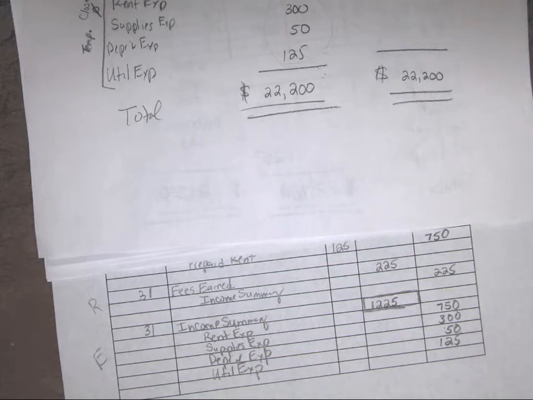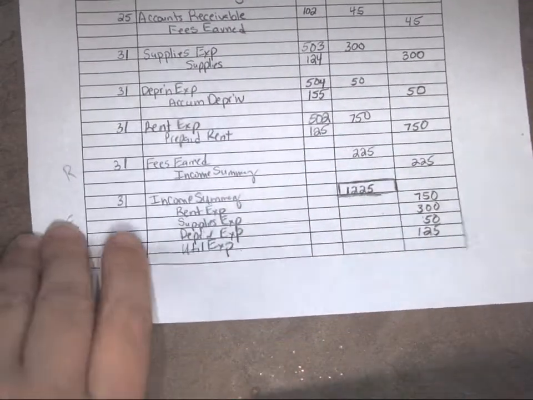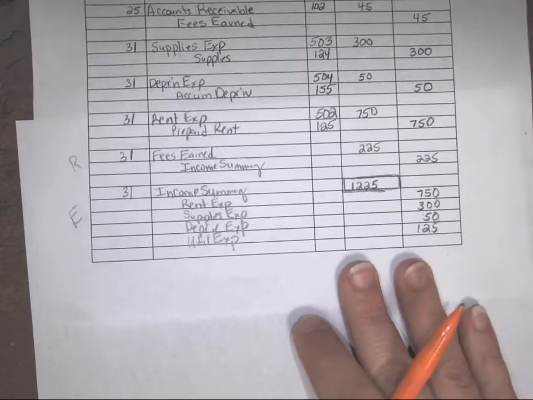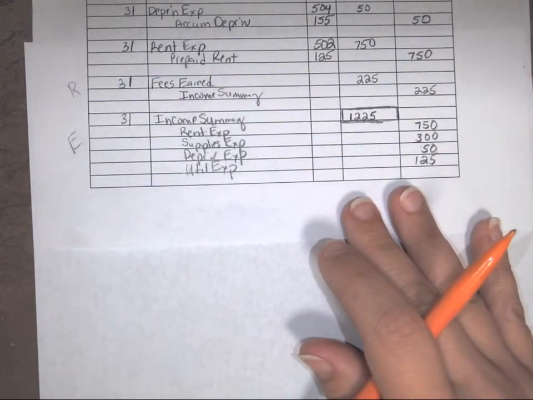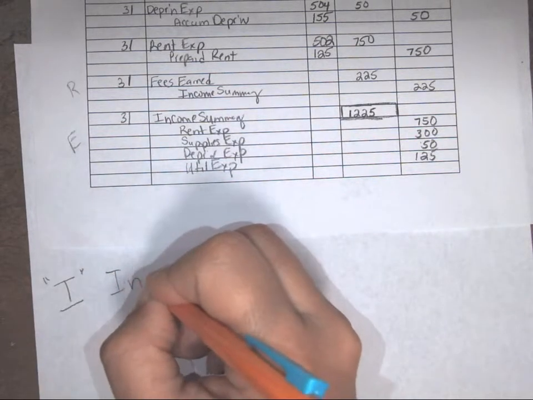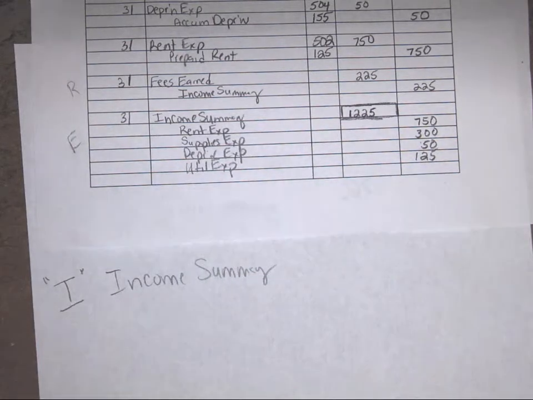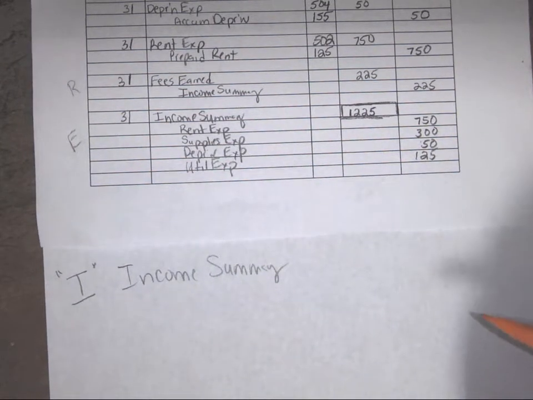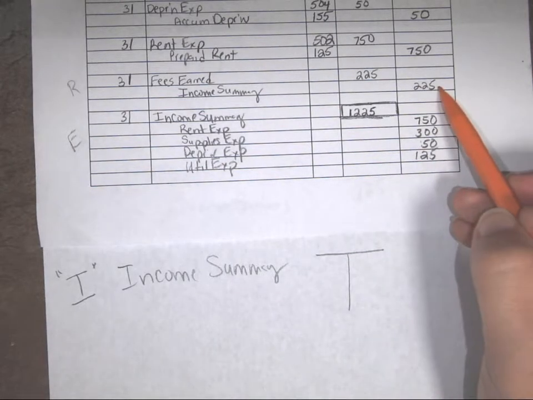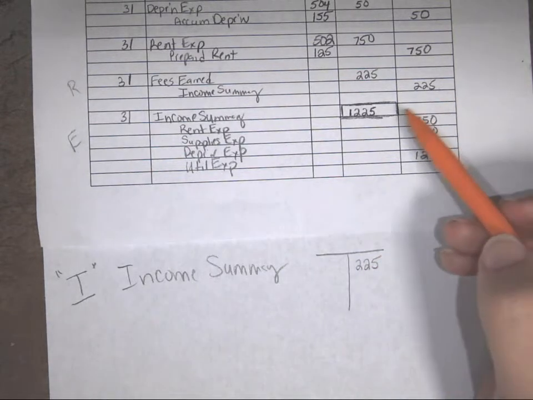And in looking at the I, what we have to do is look at a T account in this particular case for income summary, because that I stands for income summary. And so with that, notice that we have a credit to income summary for 225.